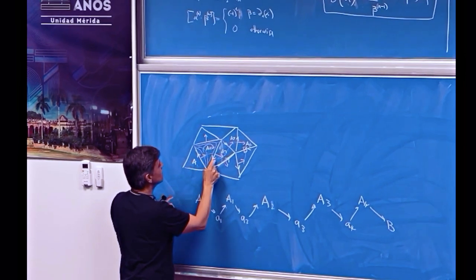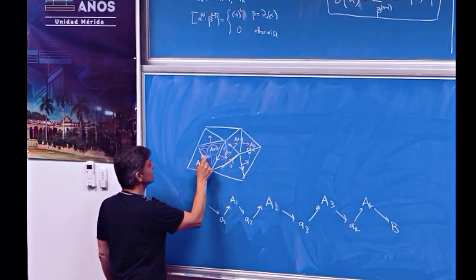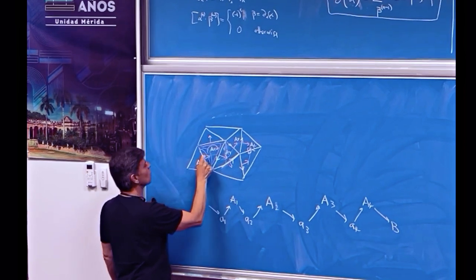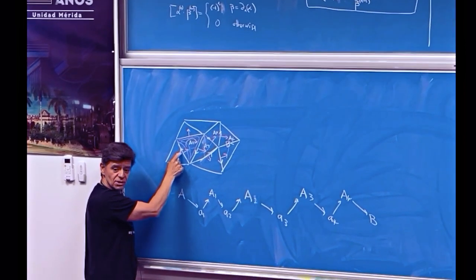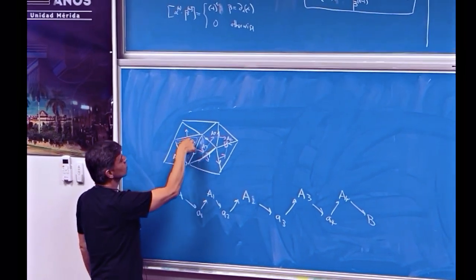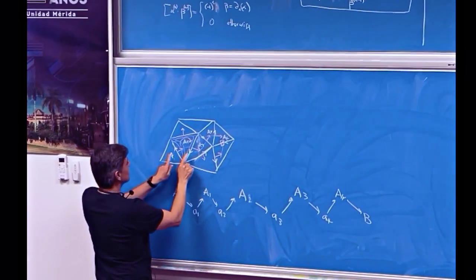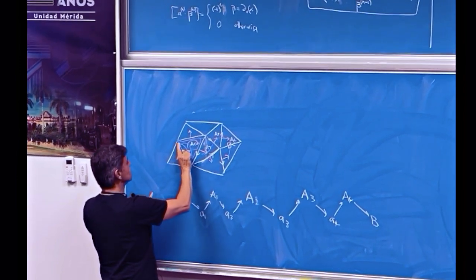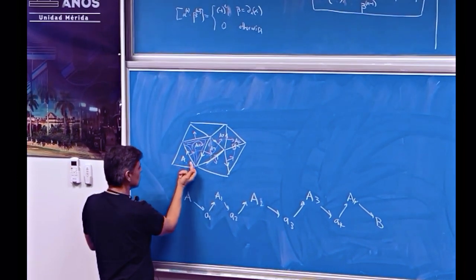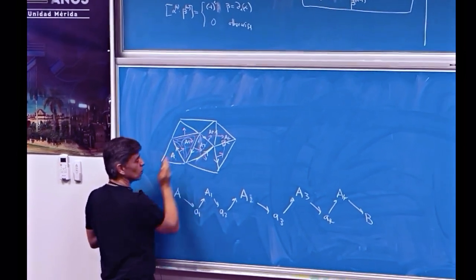In this situation, the incidence number of A1 in this edge is positive, because it goes that way, so it's compatible, and this one is positive also. But this orientation is not compatible because we need to do this.